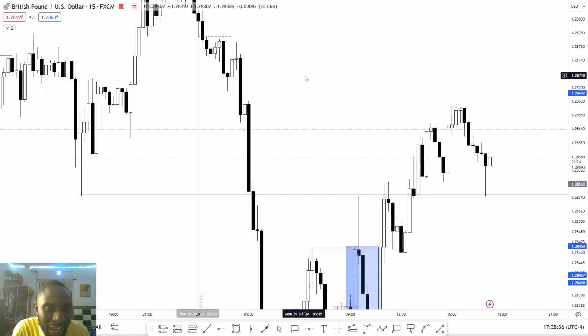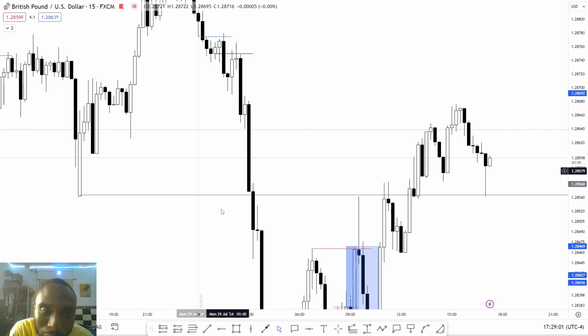One of the things I know from my backtest is that when price fills a gap and creates an OB, I would always wait for price to come back to that OB. So when price filled this gap and came back down, creating an OB, I was waiting for price to fill the order block.